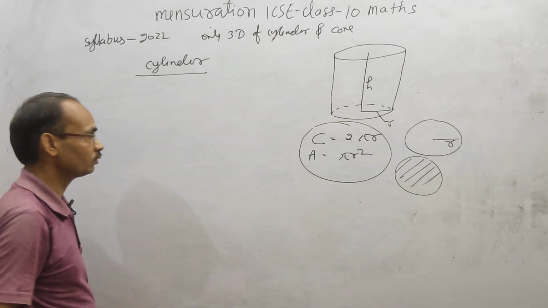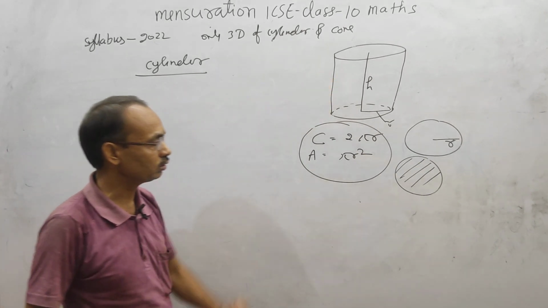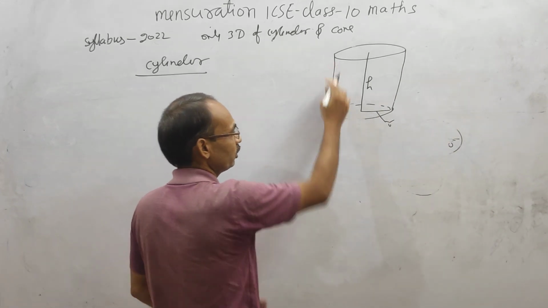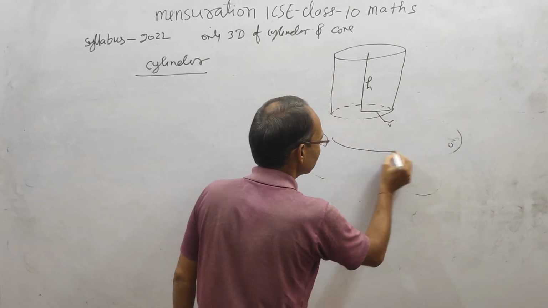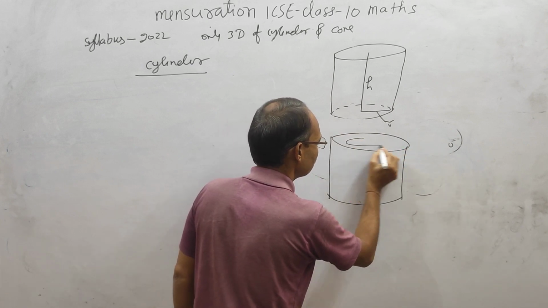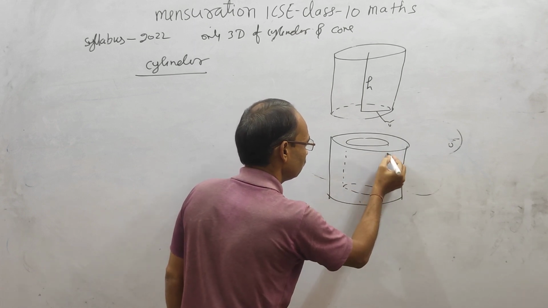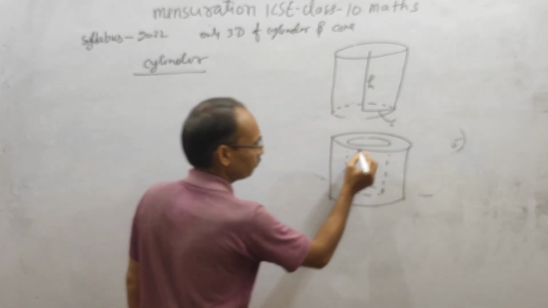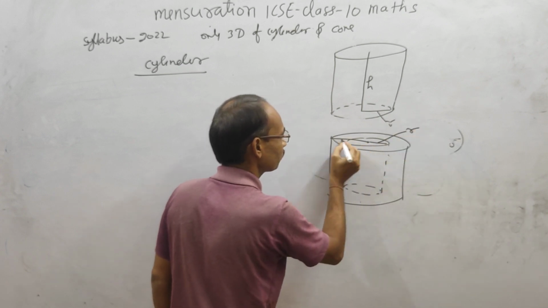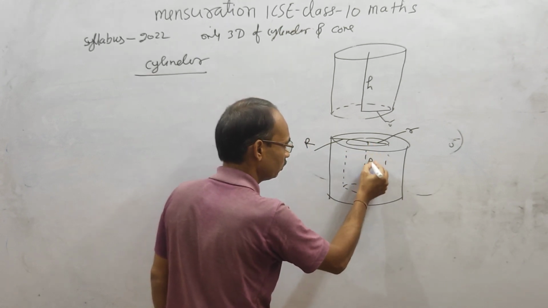In cylinder, there are two types of cylinder: solid cylinder and hollow cylinder. This is the solid cylinder and a hollow cylinder is this type. If this is the small radius r and this is the capital radius R and this is the height h.